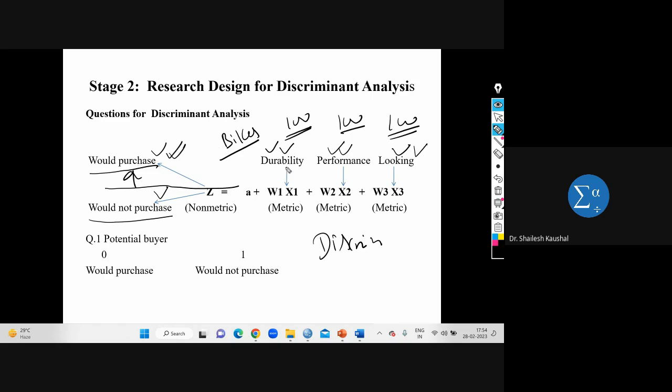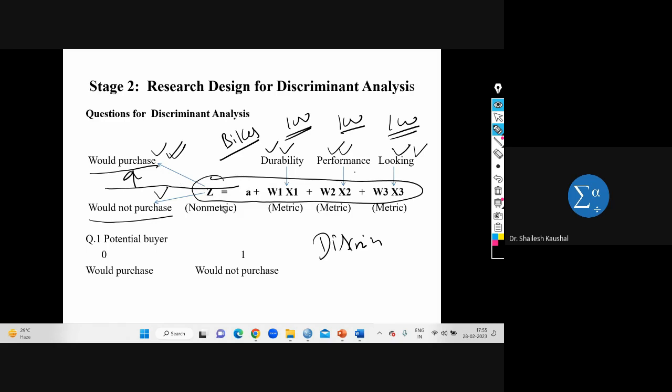If someone gives less score to the durability, less score for performance, and less score for looking, naturally he will not buy the product. So we can prepare the model, this equation is known as the model, and on the basis of this model we can predict whether the particular person would buy the product or not.